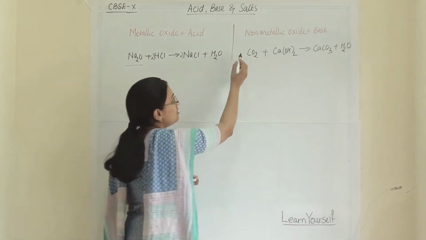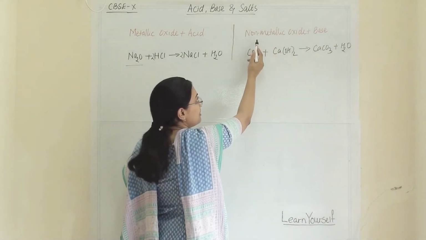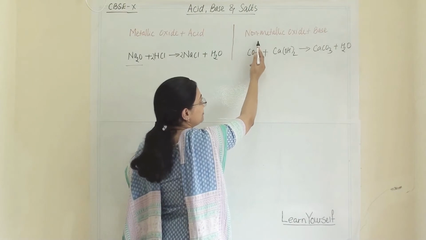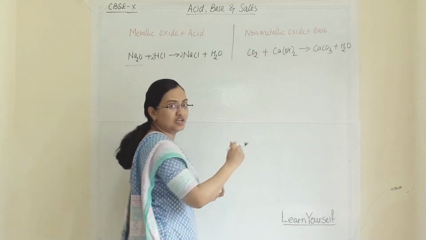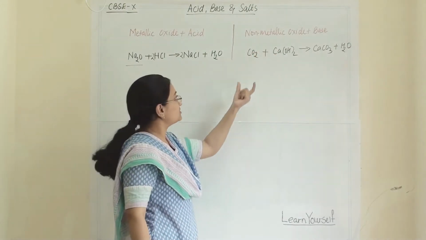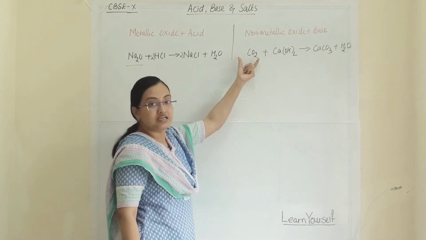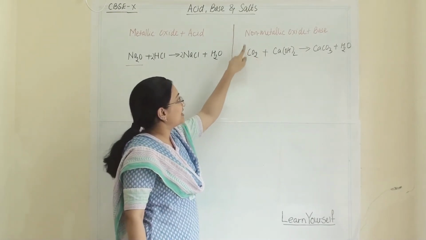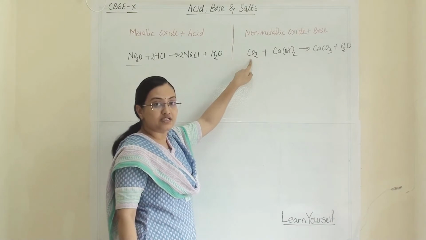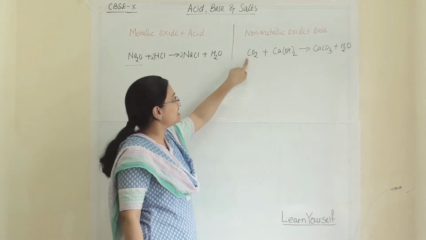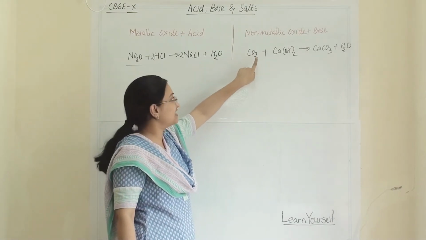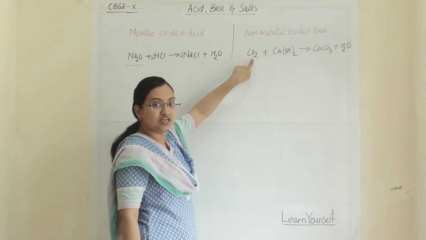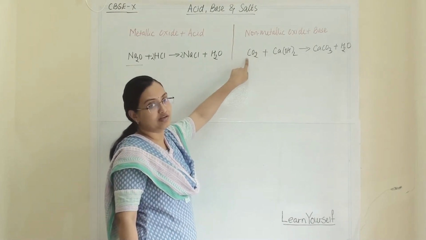Similarly, non-metallic oxide means when a non-metallic element reacts with oxygen, that product or compound is termed a non-metallic oxide. So carbon dioxide is a non-metallic oxide. Carbon is a non-metallic element. When it reacts with oxygen, this is known as a non-metallic oxide.